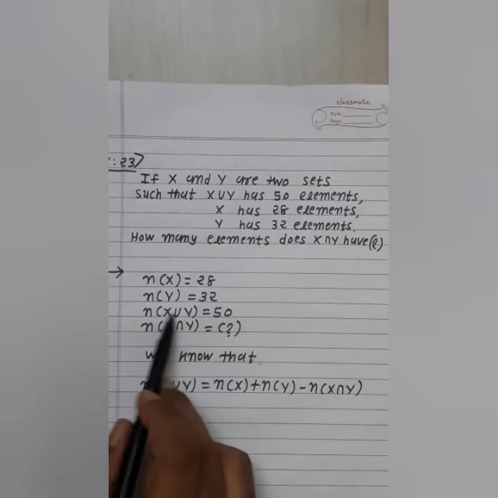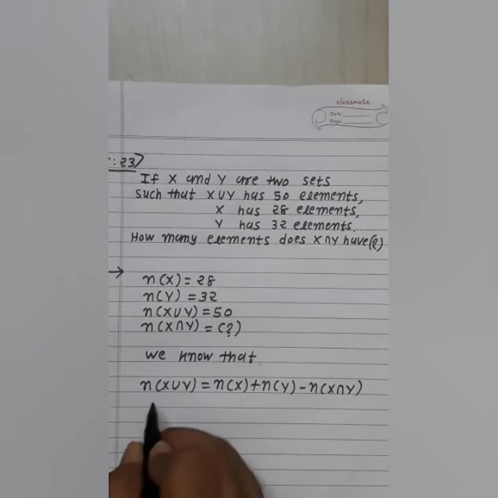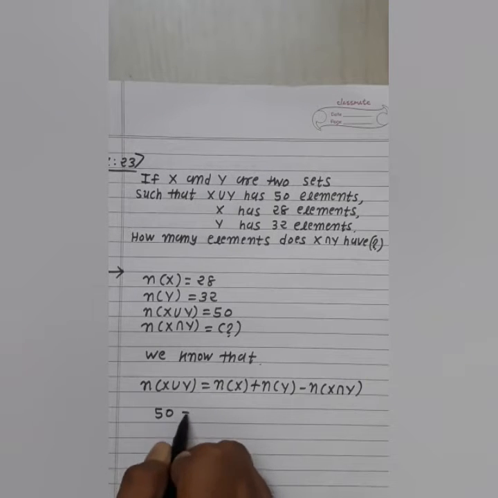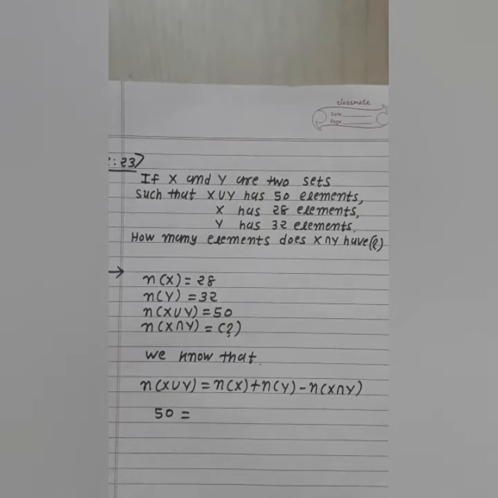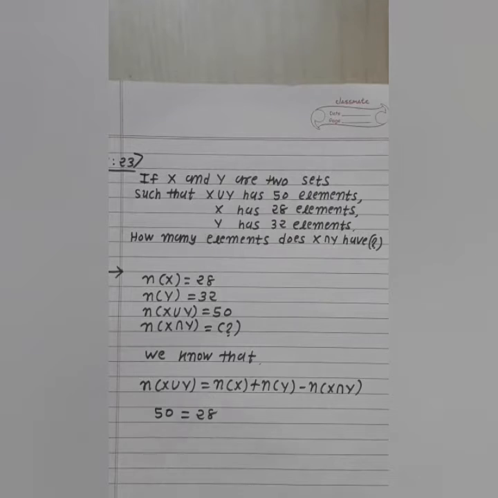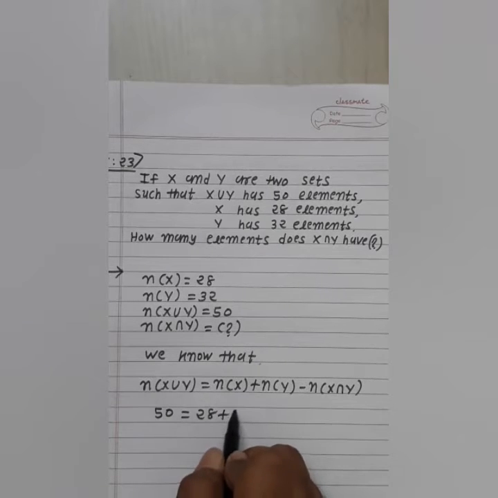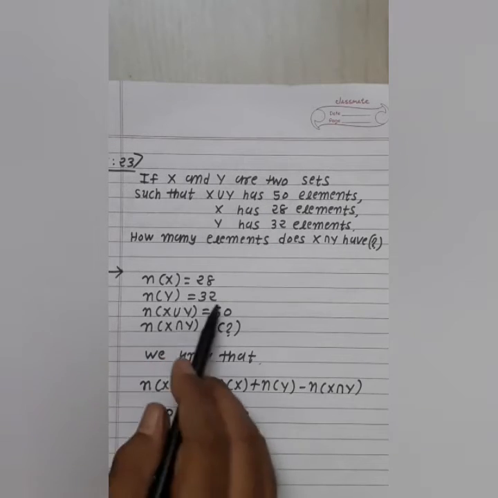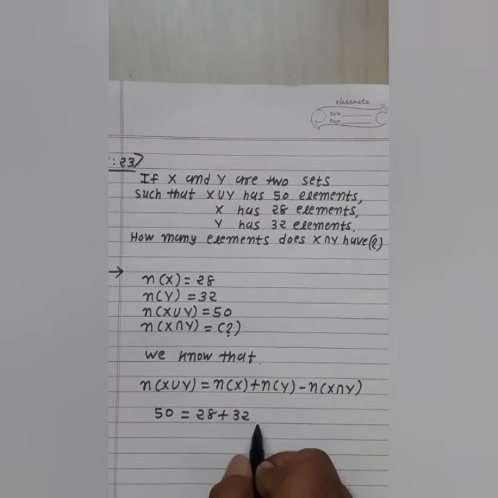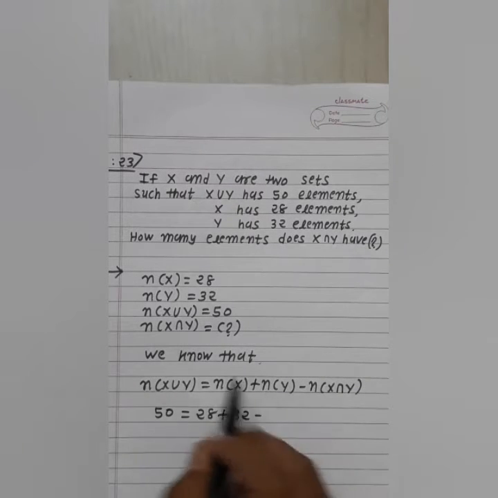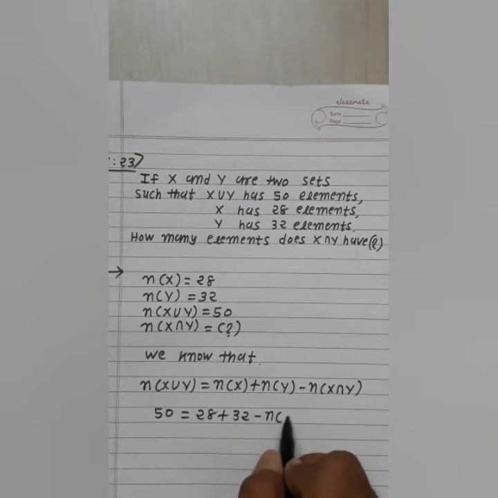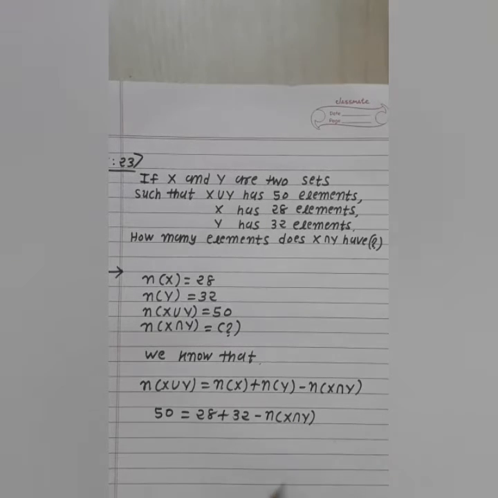In place of n of x union y write 50, is equal to n of x, in place of which write 28, plus n of y, in place of which write 32, minus n of x intersection y, which we find out here.